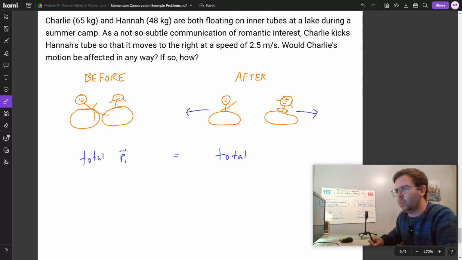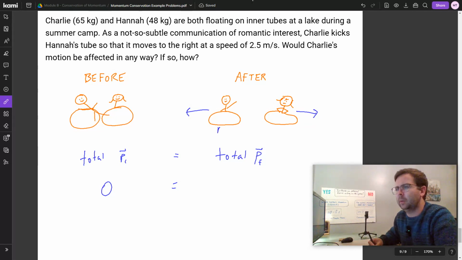As long as there's no friction, there's no outside forces, then the momentum is conserved. The momentum beforehand is zero because they're at rest together here on the water. The momentum afterwards is going to be a combination of Charlie and Hannah's momentum. We add their momenta together to figure out their total momentum.